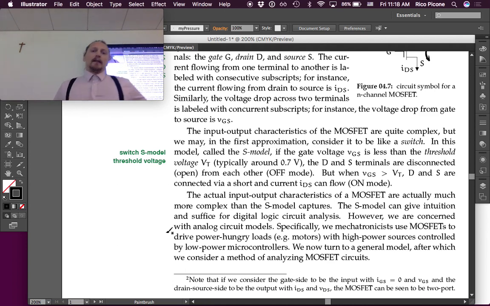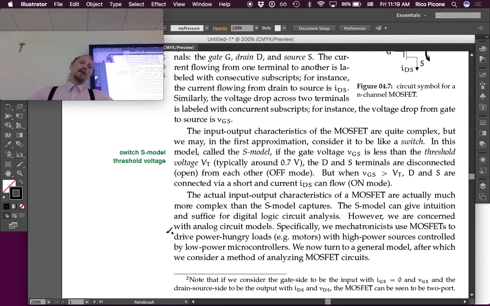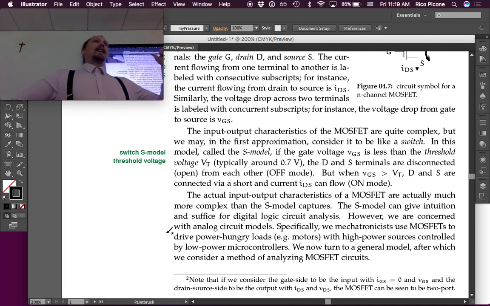Really useful things. There's another device that we're going to talk about on Monday called the operational amplifier, op-amp, which can also be used to drive motors. But this is the easiest component to do it with: quick and dirty and cheap.